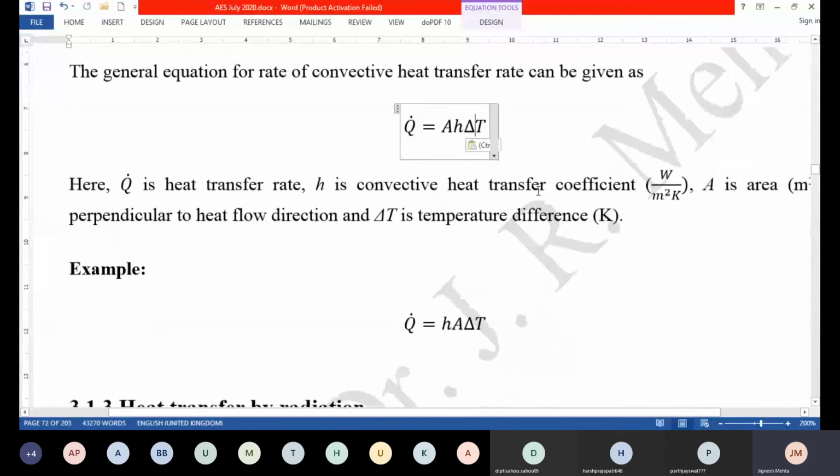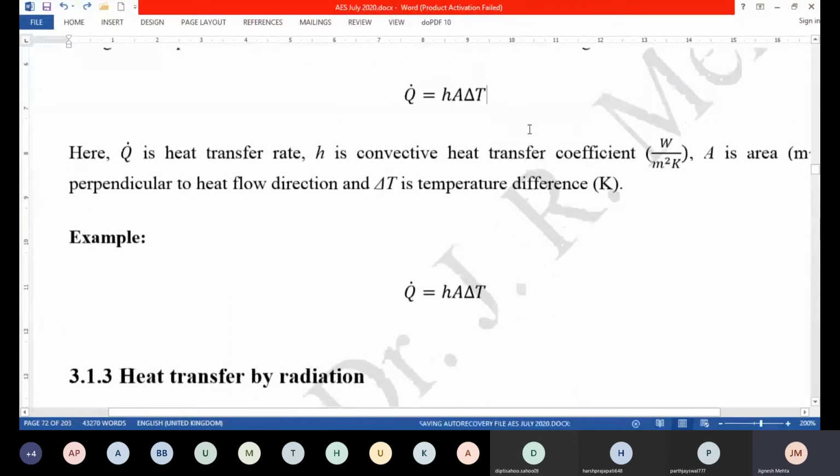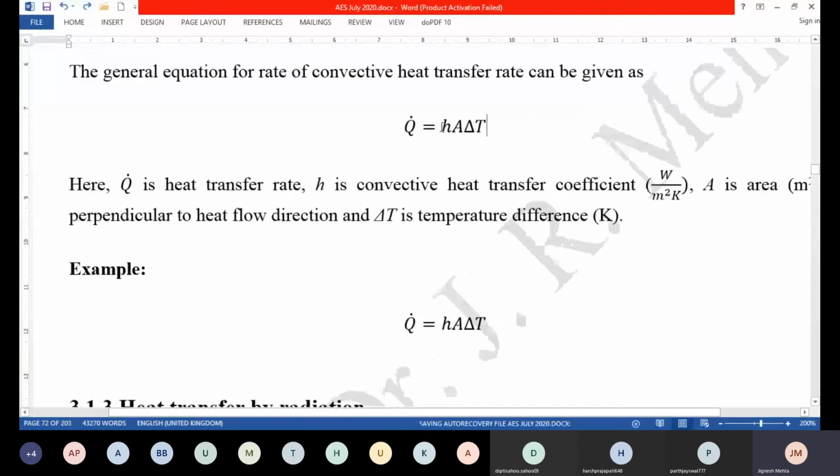Now, this is a very simplified way of writing the convective heat transfer rate, but getting H may not be that simple, as you will study in more detail in the subject of heat transfer. Generally the most important job is to get the heat transfer coefficient, and there are so many considerations that go into it.